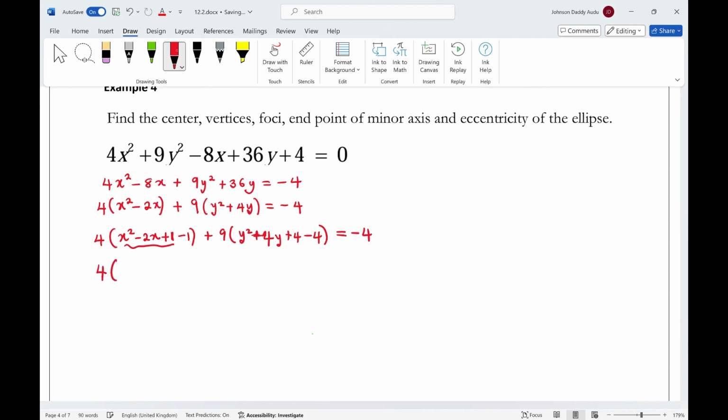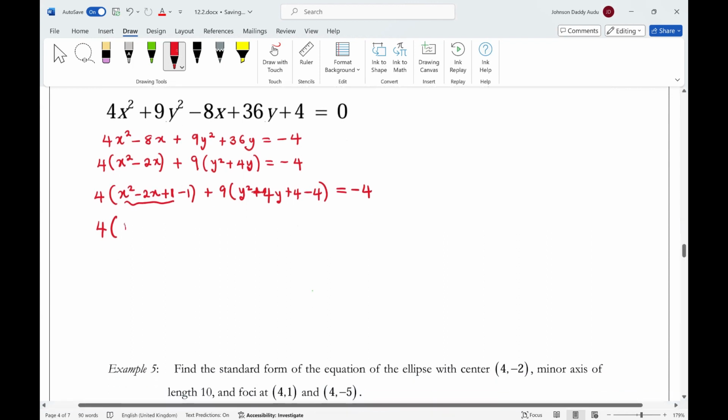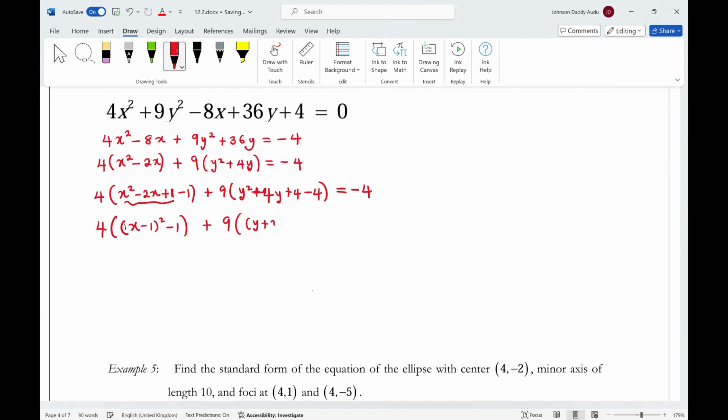These first 3 terms will give us x minus 1 all squared. So we have 4 times x minus 1 all squared minus 1, plus 9 times y plus 2 all squared minus 4, equals minus 4.